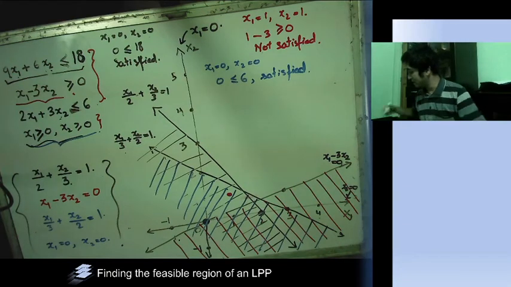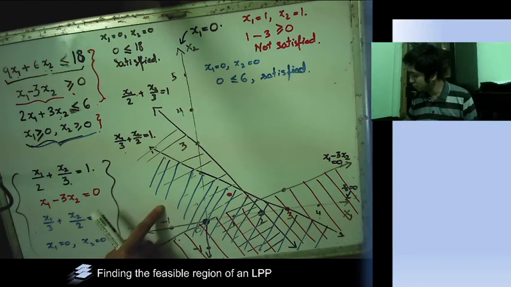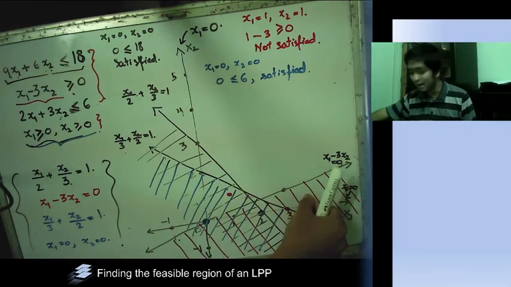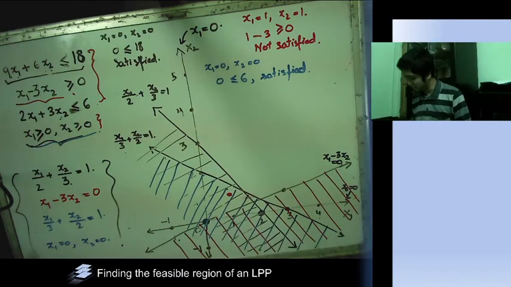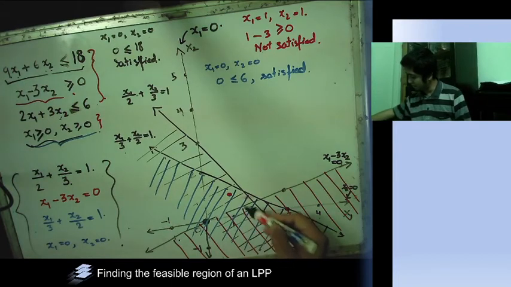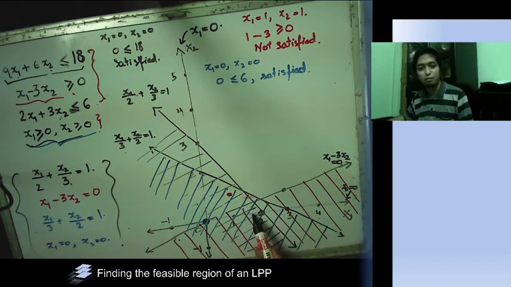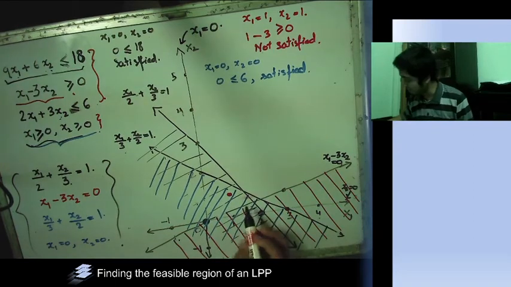You can see that there is a region which is shaded black, shaded red and shaded blue all at the same time in the first quadrant, which is this portion here.